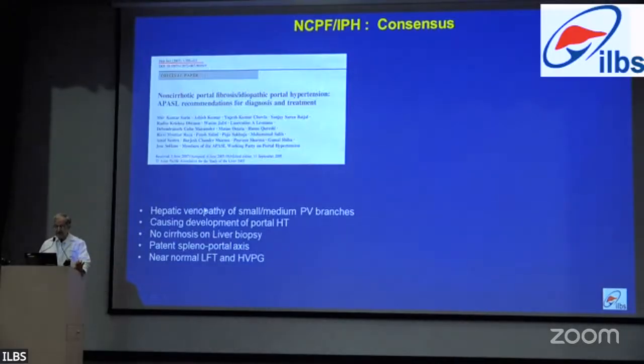It is a venopathy of the small and medium portal vein branches, the inflow, and it causes development of portal hypertension. On liver biopsy, there is no cirrhosis. The splenoportal axis from the spleen and superior mesenteric vein is patent, and the liver functions are near normal, and hepatic vein pressure gradient is near normal.